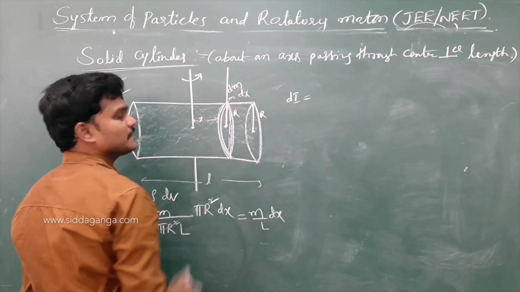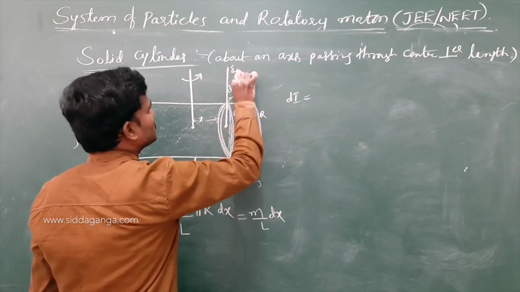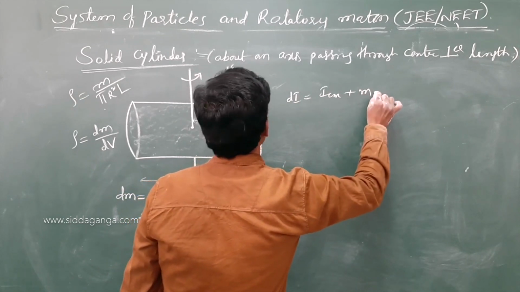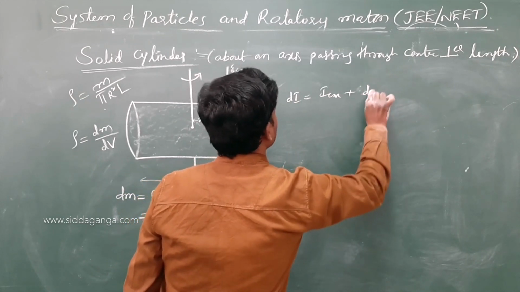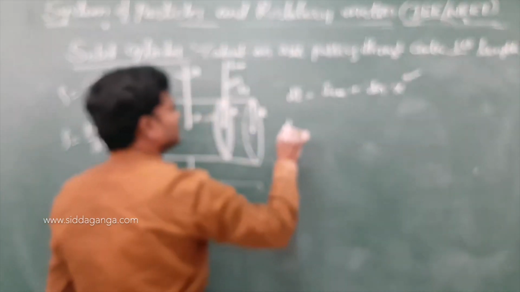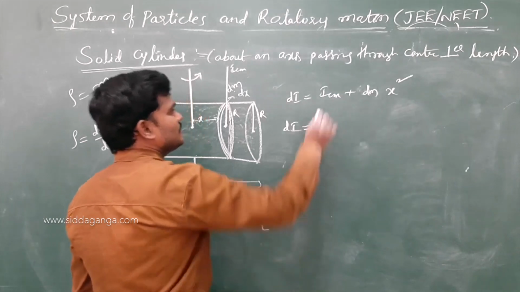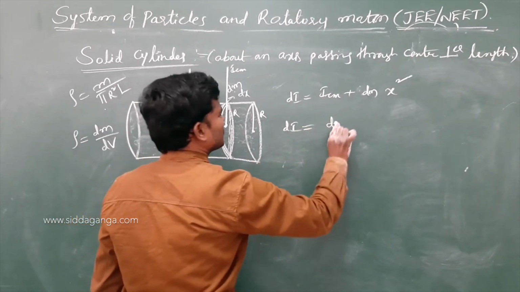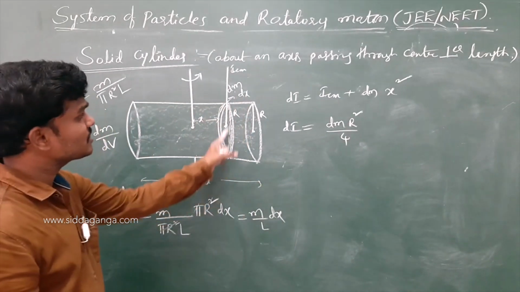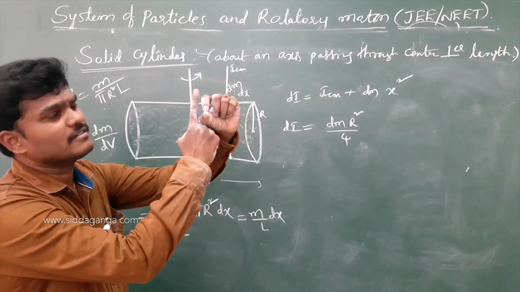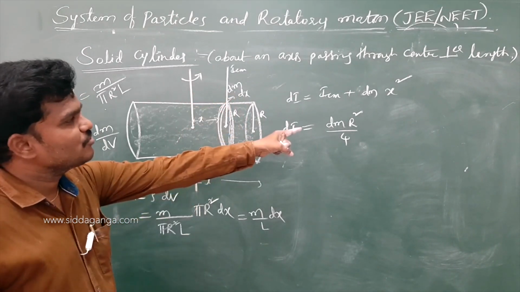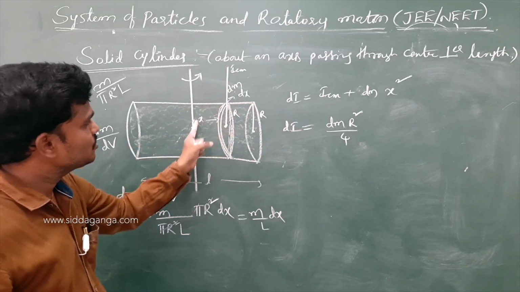This gap is x. Moment of inertia passing through the center of mass plus mass into distance squared, where dm is the small mass. And this dI is equal to the moment of inertia passing through the center of mass, dm into r square by 4, since the axis passes through the diameter of the disc, plus dm into this gap squared.